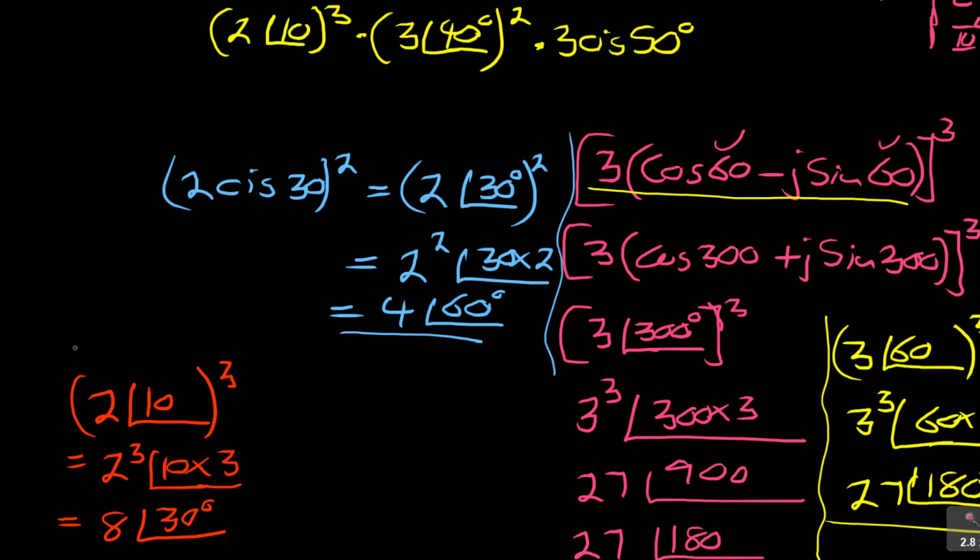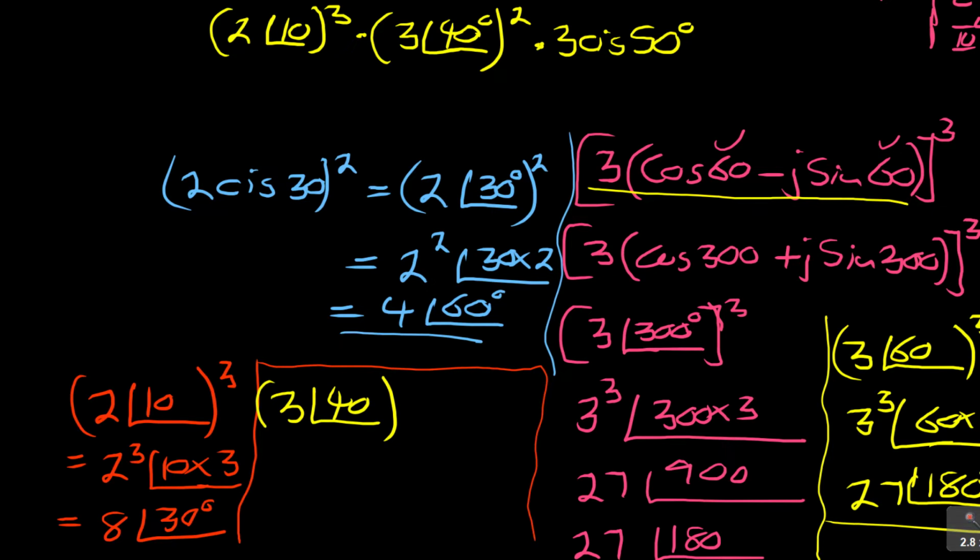Are you getting that? I'm just working this in so that I can bring everything together. And then I've got 3 (cos 40 + j sin 40) squared, that is 40 degrees, which is same as 3 squared, and it's 40 times 2, which is 80 degrees. Are you seeing that?